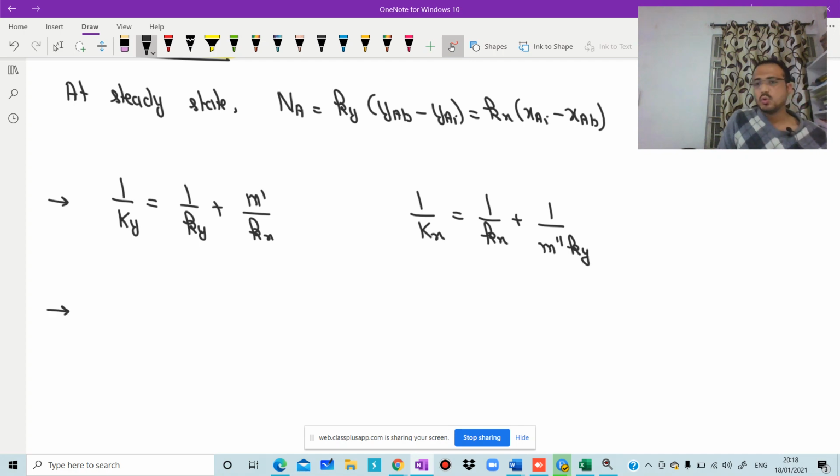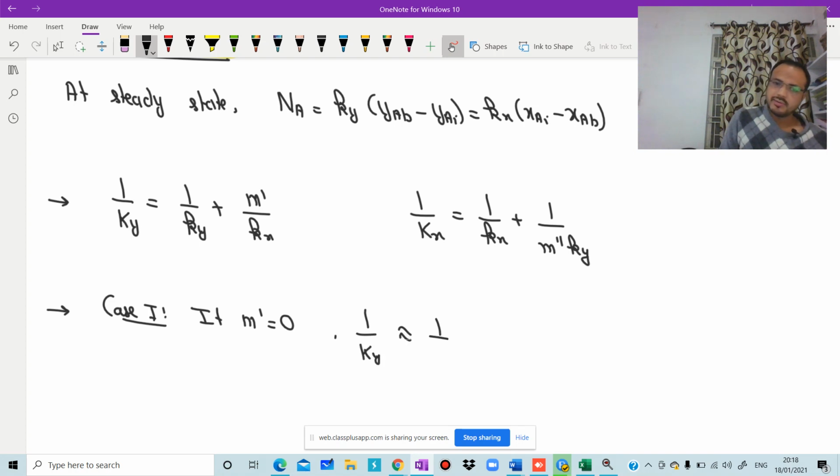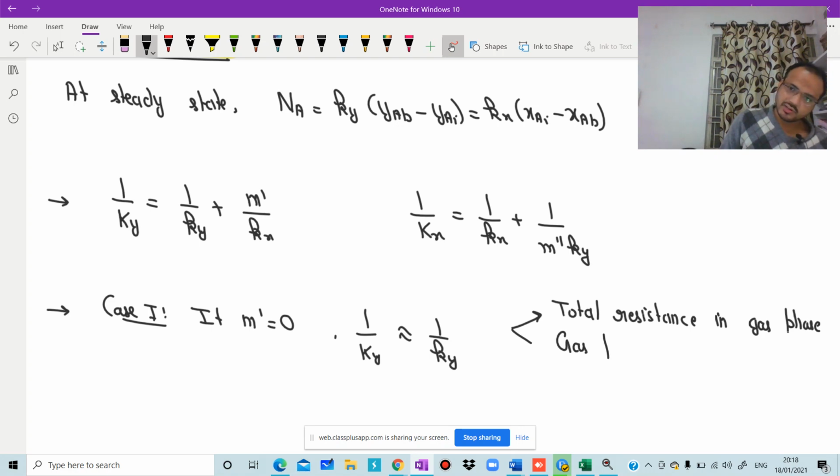We have already discussed two special cases. Case first, if the value of m prime is 0, then 1 by Ky is approximately equal to 1 by ky. What does it mean? It means total resistance in the gas phase, or we can say gas phase control.